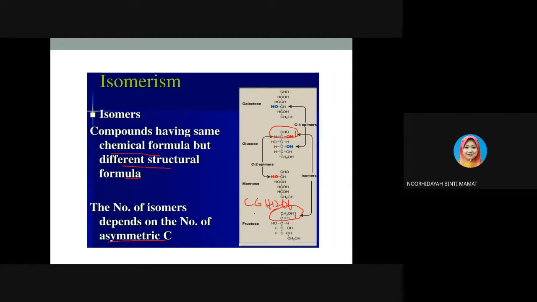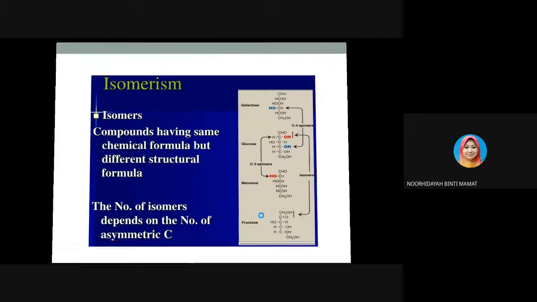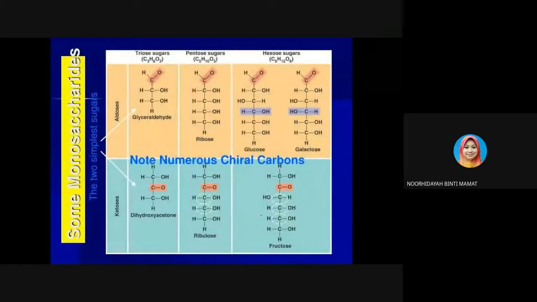Isomeric monosaccharides have the same formula, but are different structurally. As you can see here, this is the two simple sugar example. The two functional groups of monosaccharides are aldoses and ketoses.